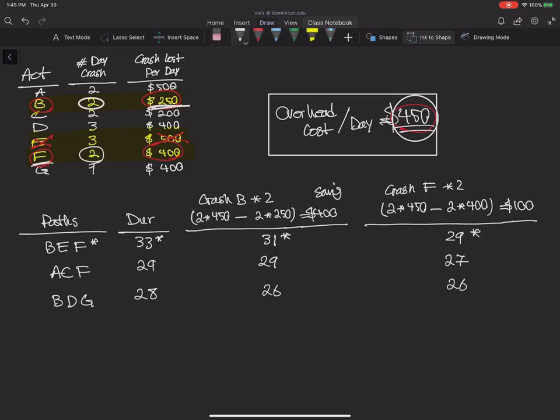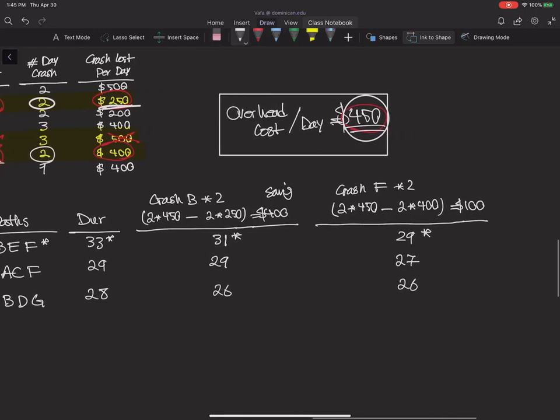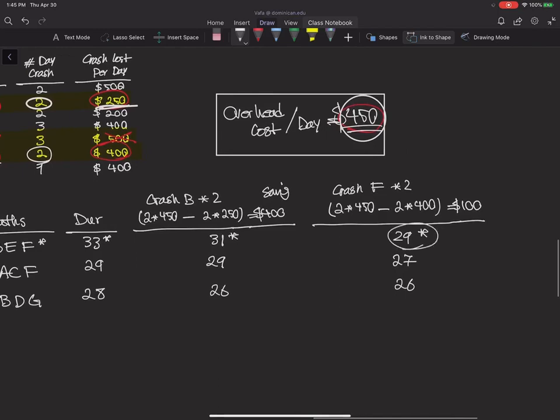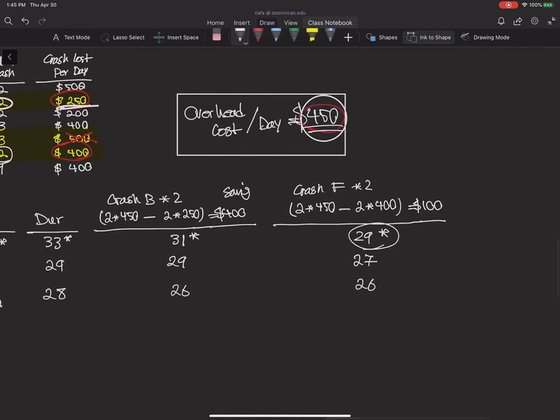Now this time, my critical path doesn't change, but I reduced the length of the project to 29 days, and I saved $100 here and $400 here. Basically, it's a saving of not paying the overhead cost.